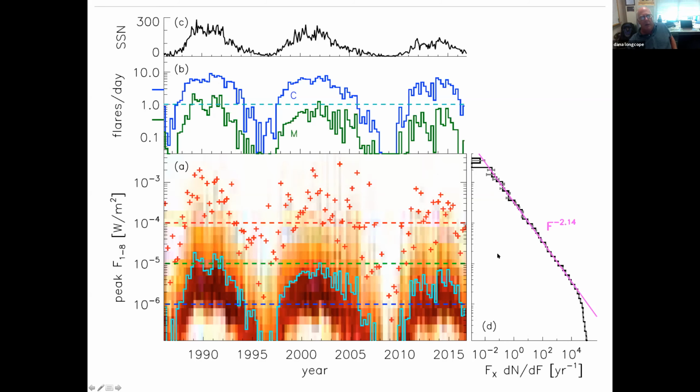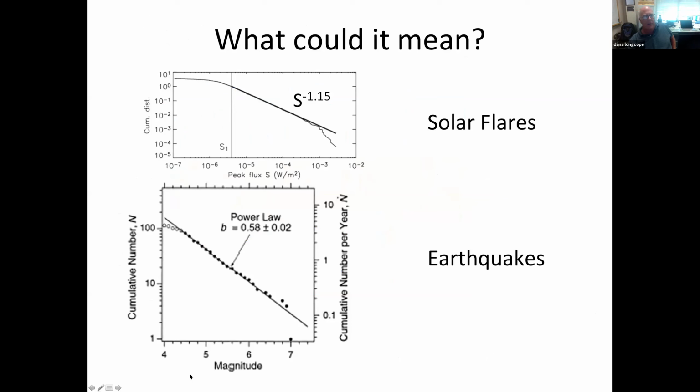Now, many of you may have noticed this in the literature. There are other things that look like this. This is a plot where I was likening the GOES X-ray flux to something like earthquake magnitude.